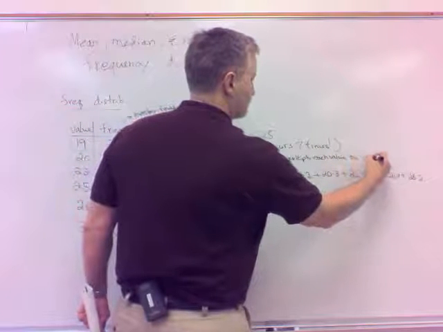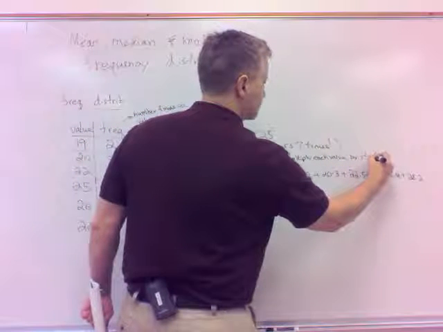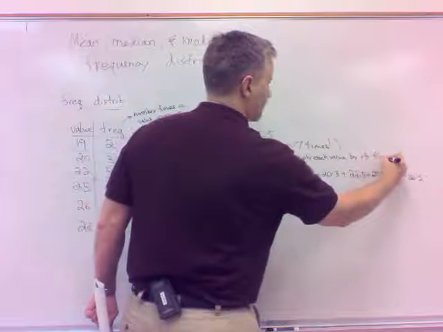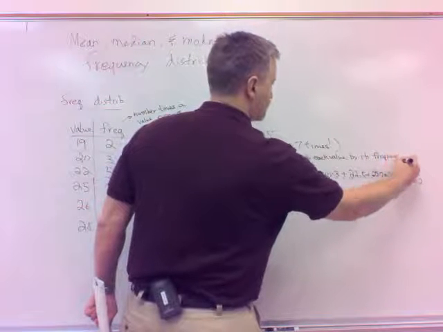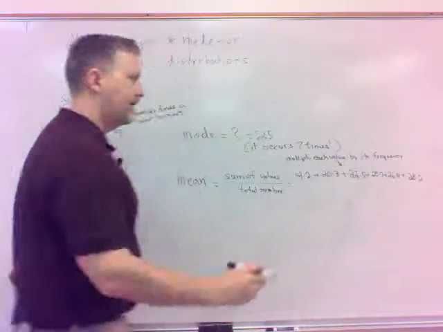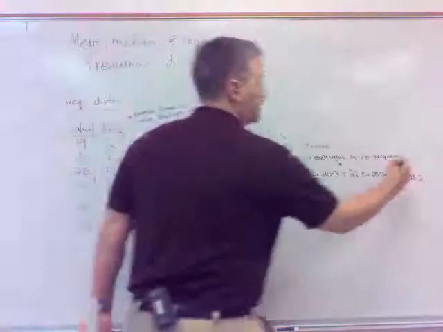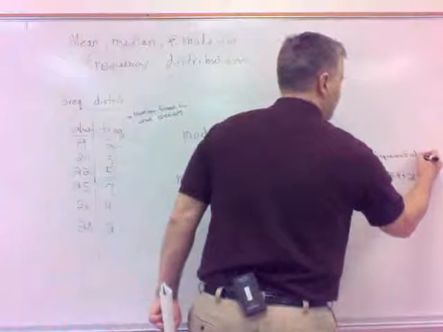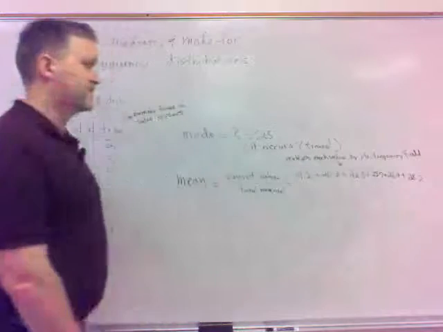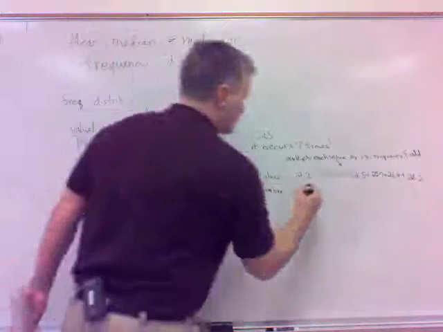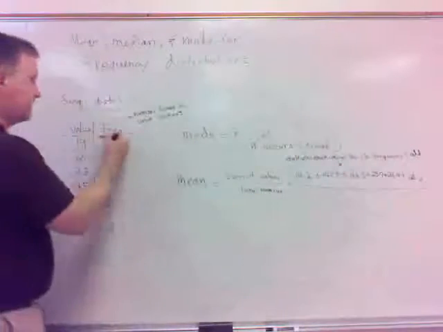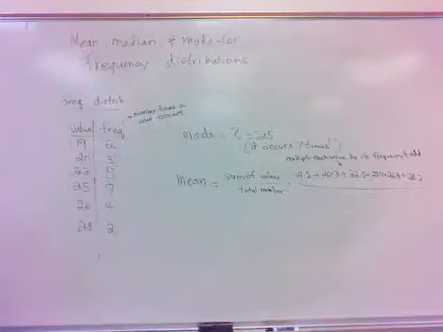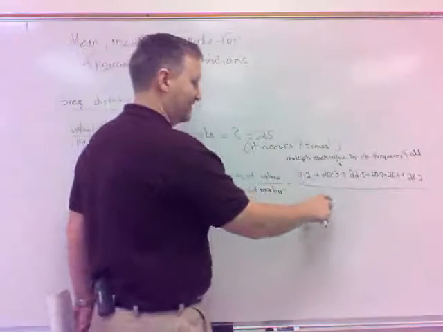For this top, right here. And add those together. See what I'm saying? Just multiply for the top, the sum of all the values. Just take each value by its frequency and add them together.